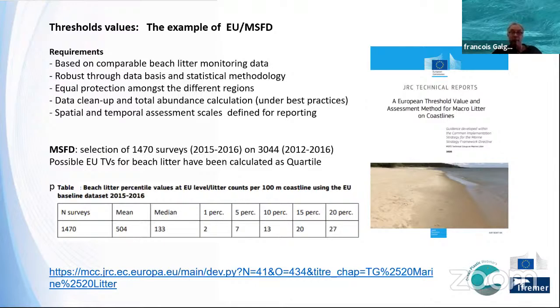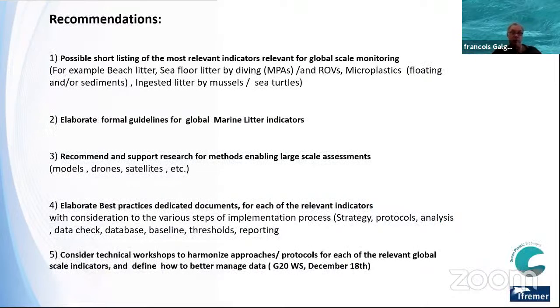So actually we have something, but we are sure that no European member state will be able to reach these targets in the next cycle, 6 years from now, within the Marine Strategy Framework Directive. So it means that we now have to set up some intermediate targets that will be more political, just to support a way to reduce inputs of marine litter and its disappearance at sea. And so this is the way to go.